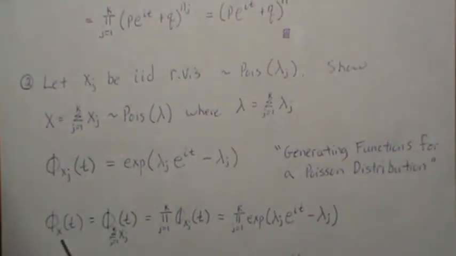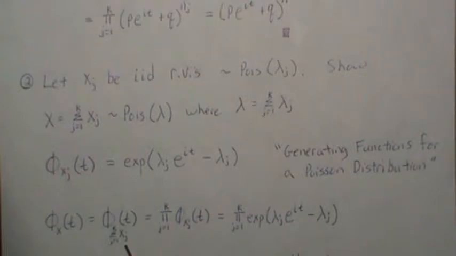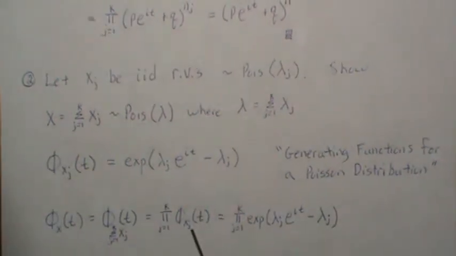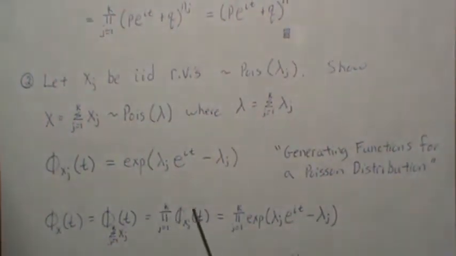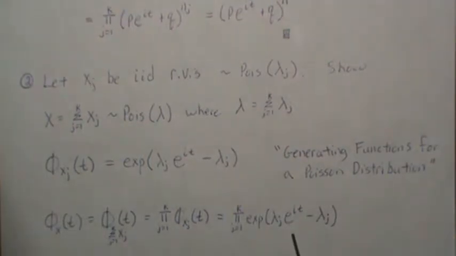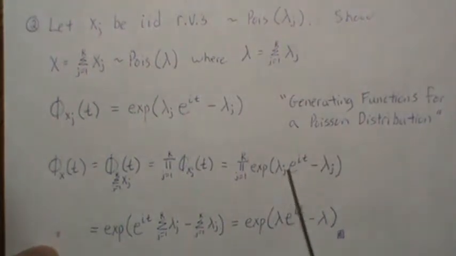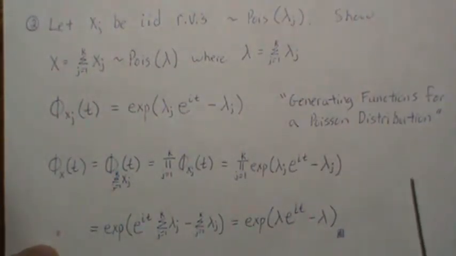So here we have X, which is the sum, and since they're IID, it's the product of each individual characteristic function, and they're all of the same form. We plug it in. Well, e to this, multiplied k times, you add the exponents.